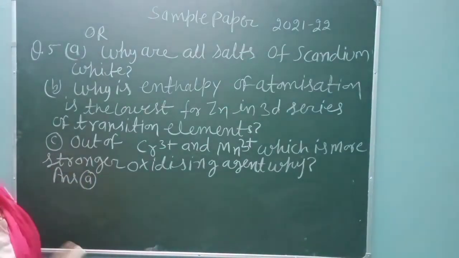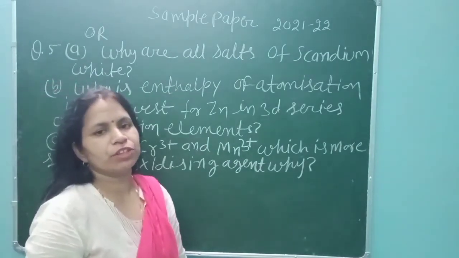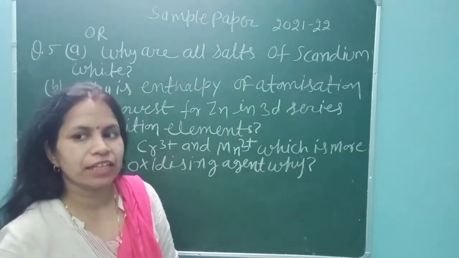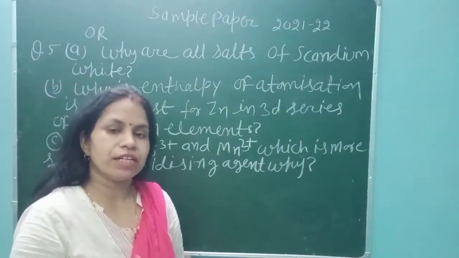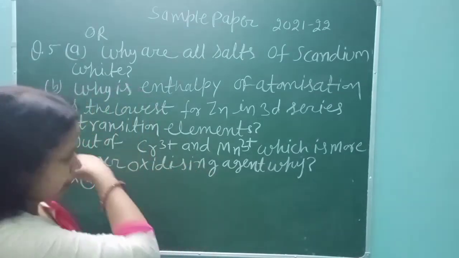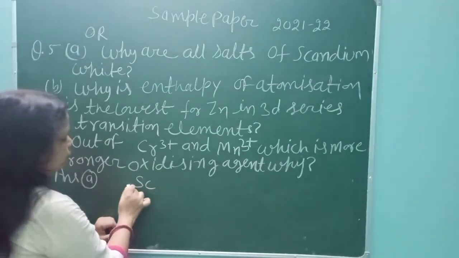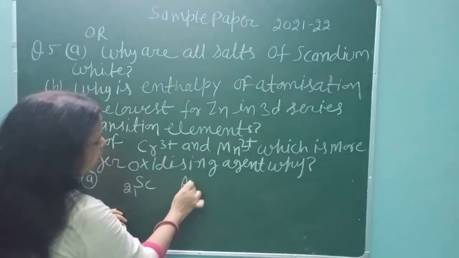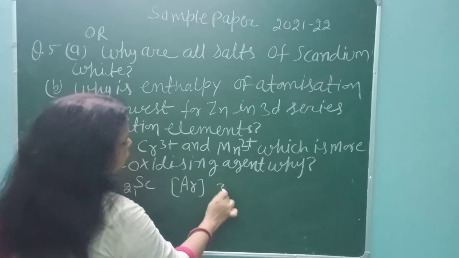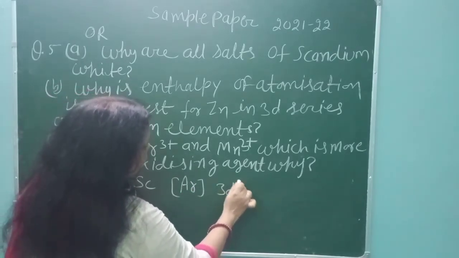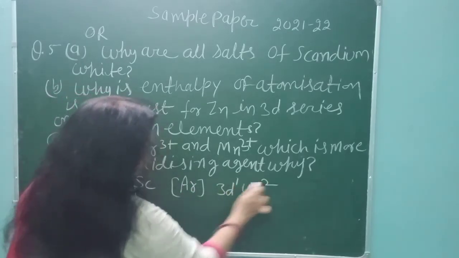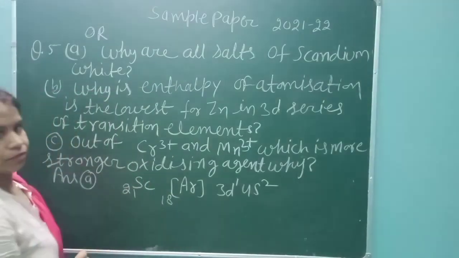A part. First of all, how to solve d block questions? You have to write the electronic configuration. So what is the electronic configuration of scandium? Let's see. Scandium is 21, argon 3d1 4s2, total 3 electrons.